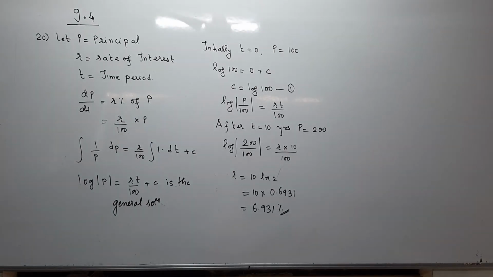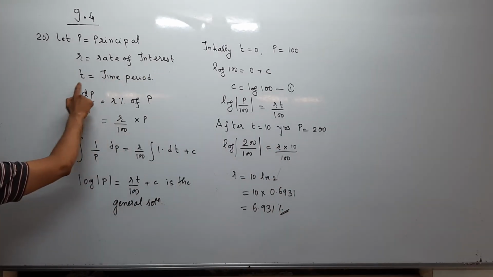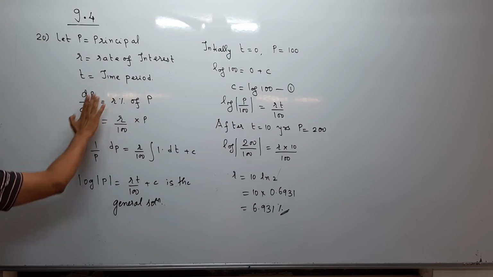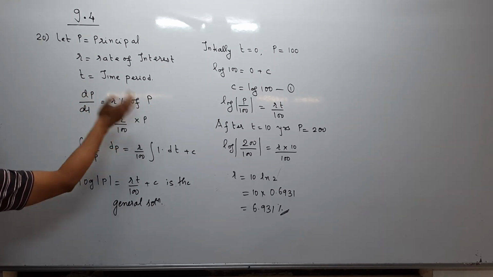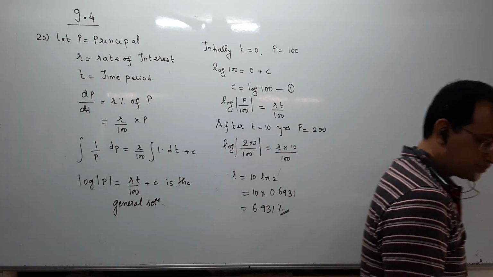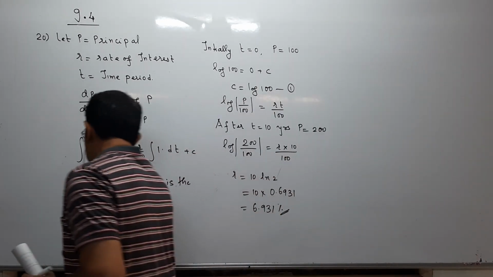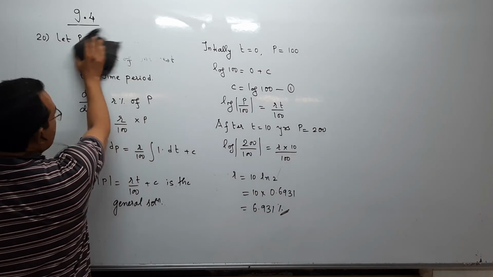So this type of sums are again based on your fundamental understanding of how to form the differential equation, students. Let P is equal to principal, R is equal to rate of interest, T is equal to time period. The principal increases at the rate of R% of the original amount. So R% of P. And then students, we have solved using the concept of variable separable form.